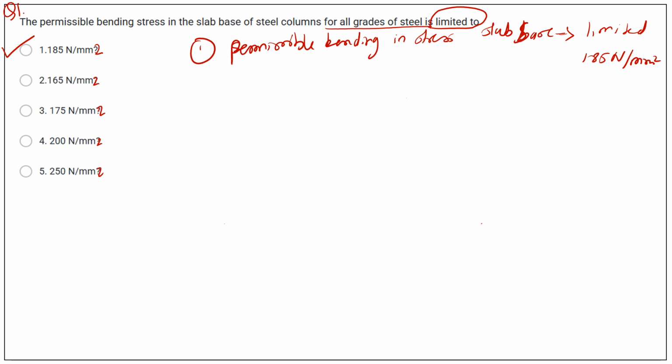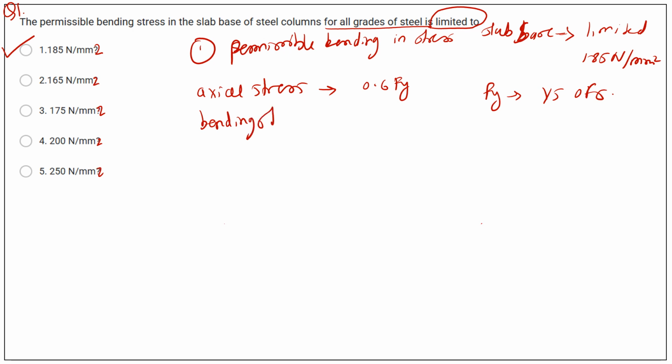There are some remaining terms related to the permissible stresses. First one is axial stress. For axial stress, the permissible stress value is 0.6 Fy. Fy is the yield strength of steel. Then the second one is bending stress. The value for bending stress is 0.66 Fy.